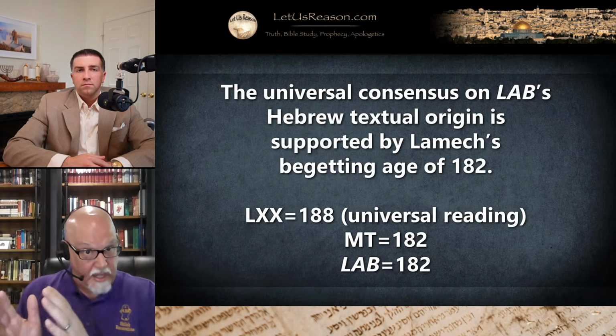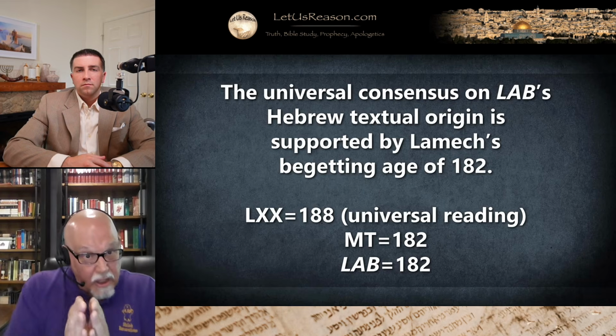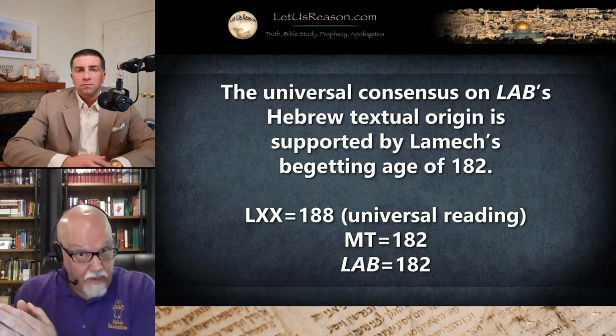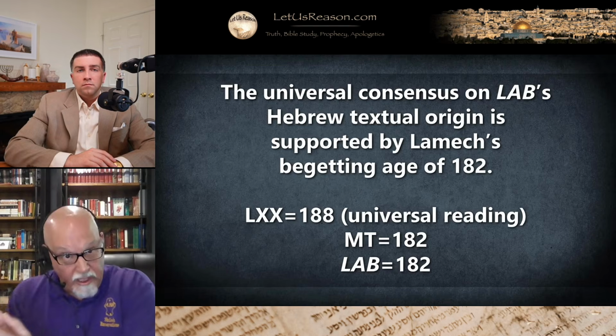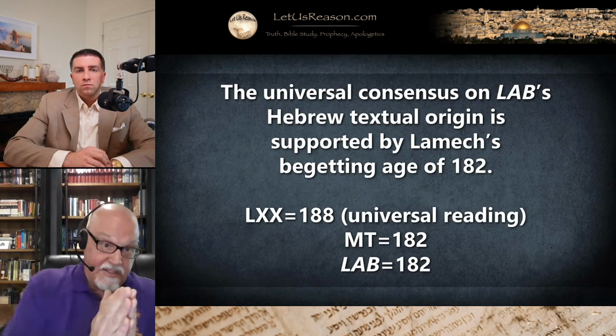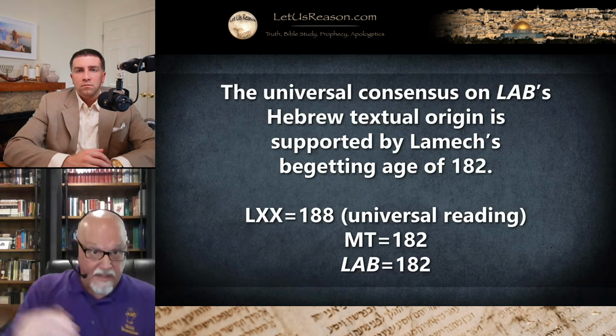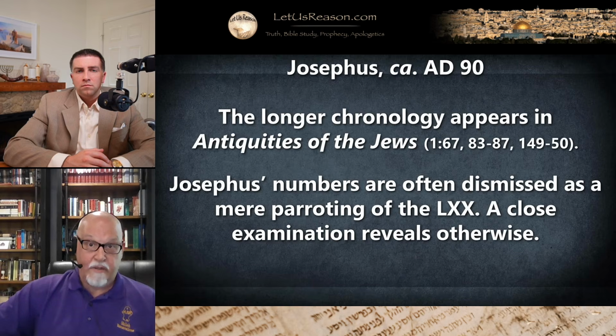So this is how you really have to dig into the evidence. This agrees with the scholarship. Lamech's begetting age of 182 is only in the Masoretic text, a Hebrew text, and that is consistent with the fact that all of it comes from the Hebrew text being used by the author. Really interesting piece of data there.